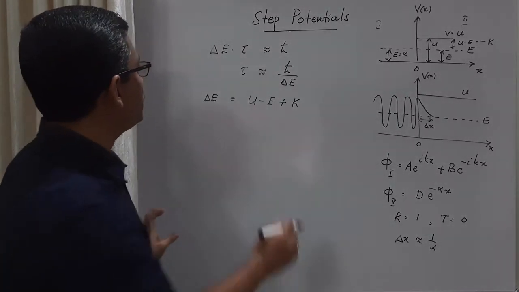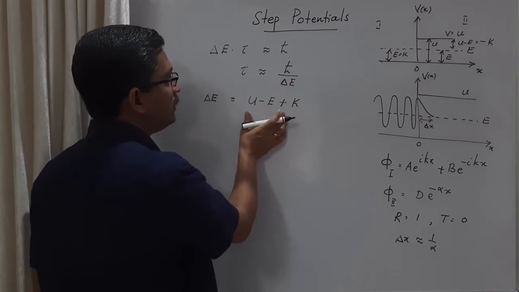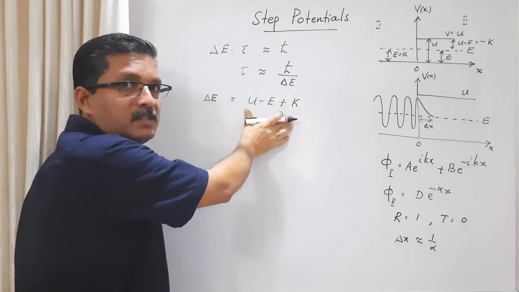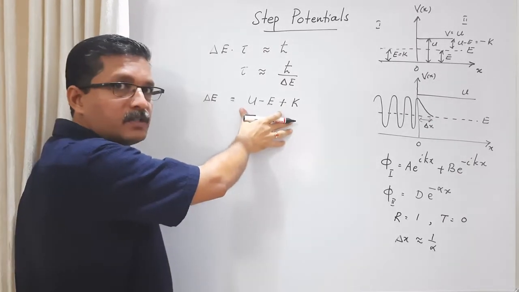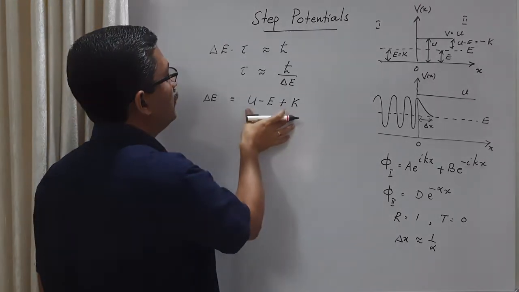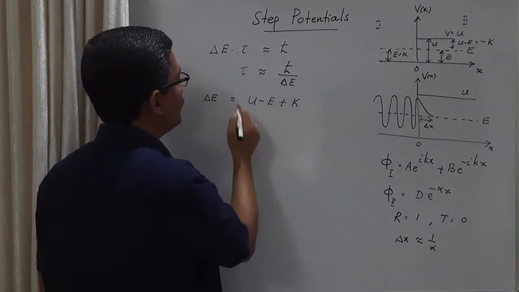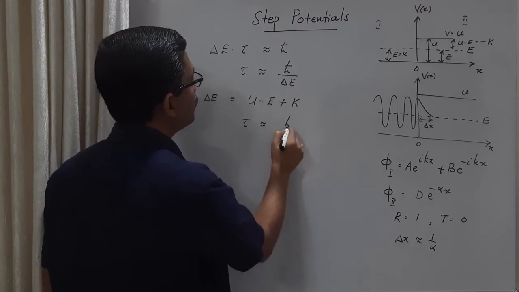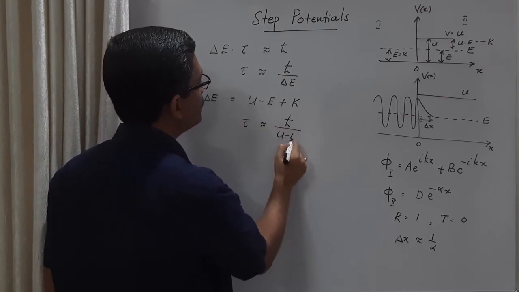So if this is delta E, it is like some particles are suddenly gaining this much energy. So it's a violation of conservation of energy, but this is allowed if this much energy is obtained within the time interval tau, which is h cross by U minus E plus k.